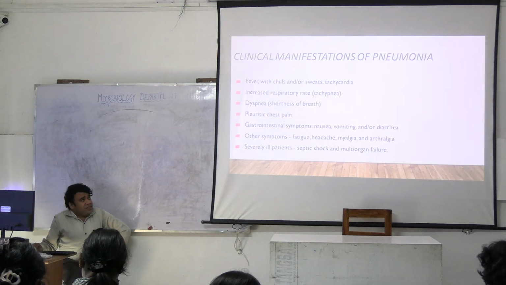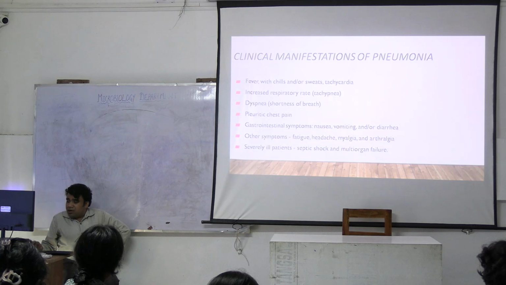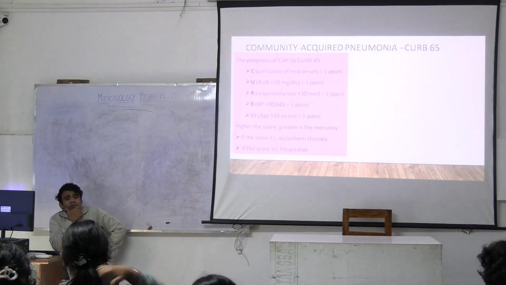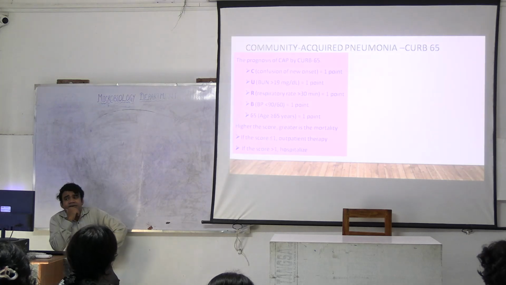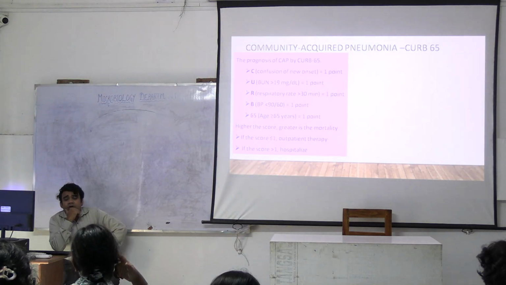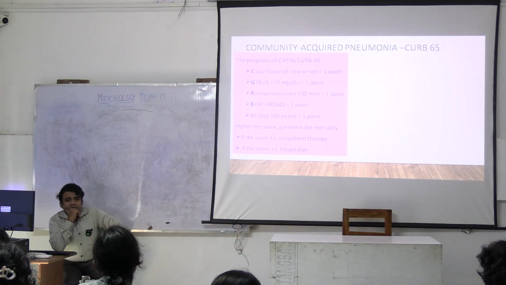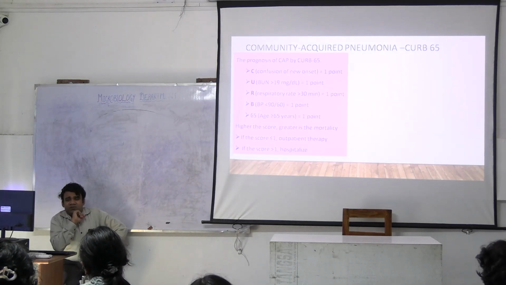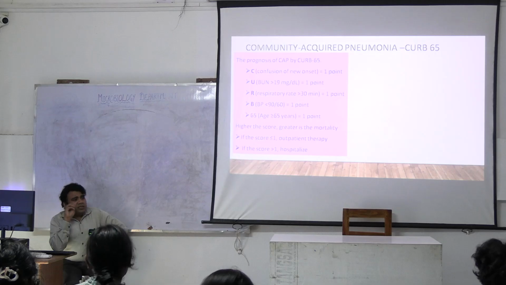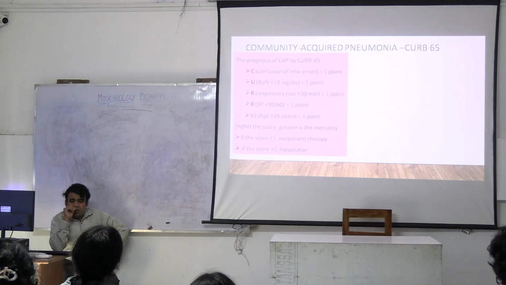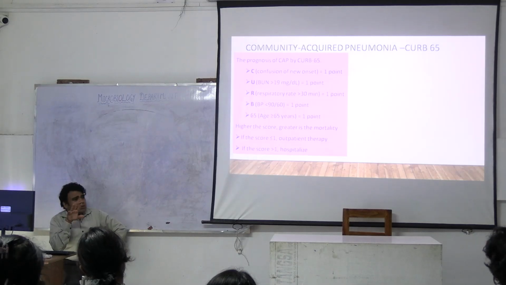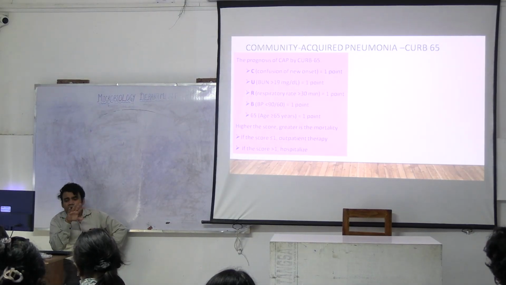Okay, along with other systemic manifestations like GI symptoms can also be there. Now this is very important, this is something called a criteria for community acquired pneumonia called CURB-65. Now what is the importance of this CURB-65? Suppose you are sitting in your office, a patient comes with signs and symptoms of pneumonia. Now you know this patient may deteriorate or the patient may recover, right?